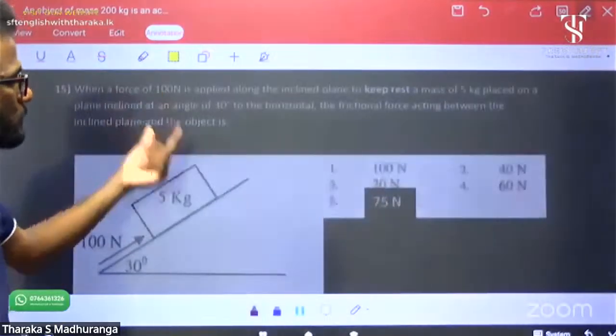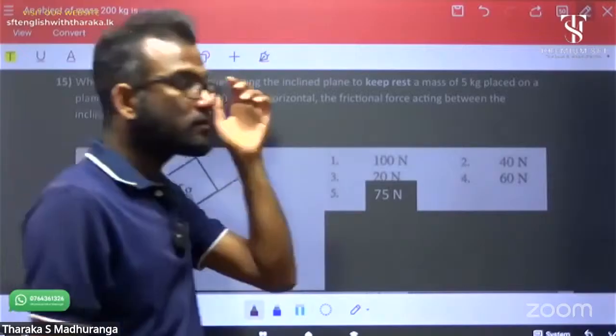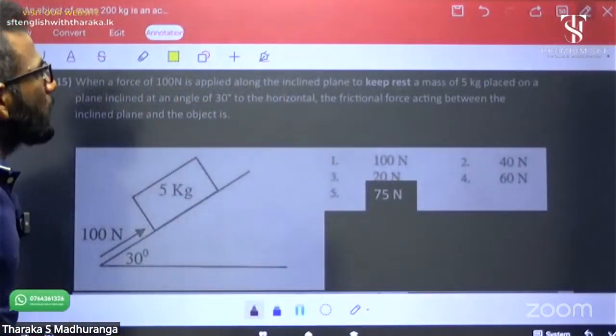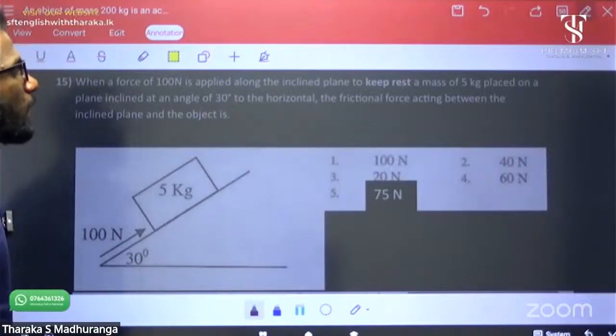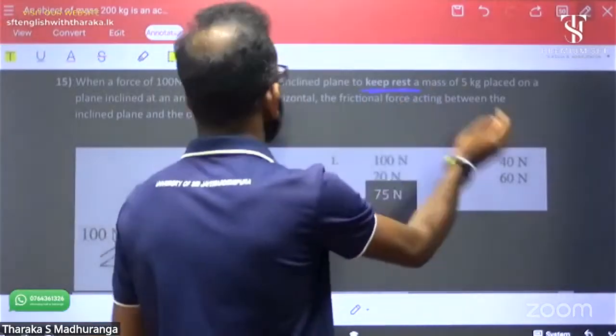Alright. Yeah, final question before the break. When a force of 1000 Newton is applied along the inclined plane to keep rest, that's the most important word.